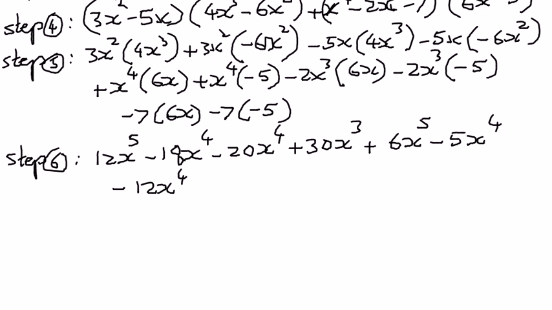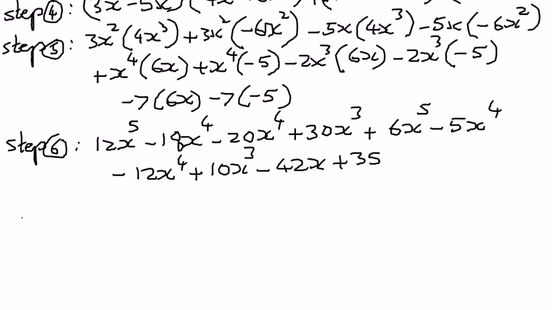Negative 2x cubed times negative 5 is positive 10x to the power of 3. Negative 7 times 6x is going to be equal to negative 42x. Negative 7 times negative 5 is going to be equal to positive 35. So we have simplified, we have expanded, distributed all the terms which are involved in here.